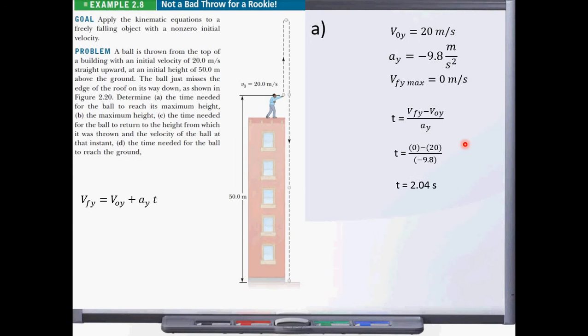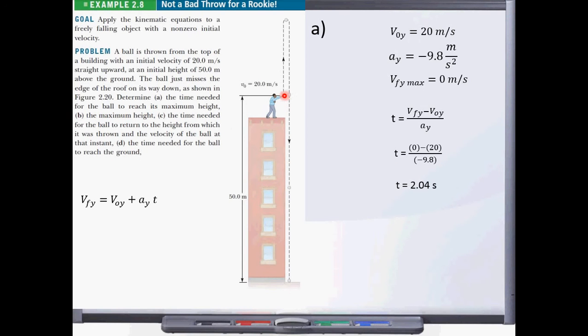Okay, so when you solve this one, you're going to have a positive value of 2.04 seconds, the time. So that means that the time that the ball spends from here to here is 2.04 seconds. Okay, that's the first answer.